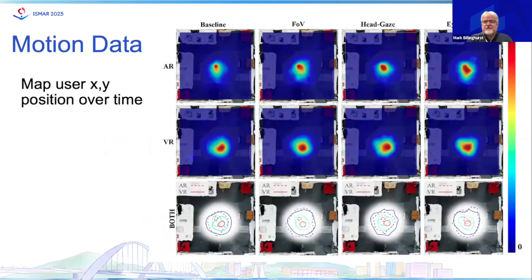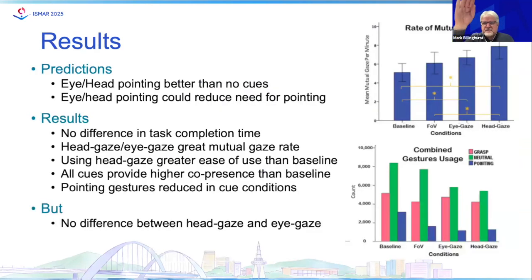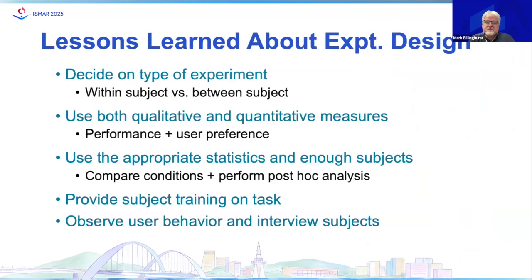We also looked at their overall movement as well, and then here's some high-level results. Basically, we found that having the view frustum cues really didn't change the performance, but it did change the communication a lot, and the impact on communication cues like the gestures as well.